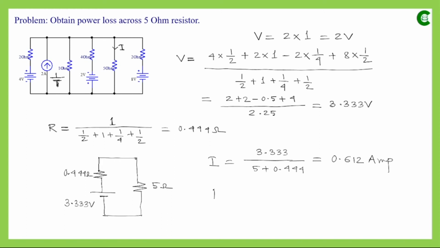And now if we find out the power loss across that load resistor, it will be simply I squared R. So it will be 0.612 squared multiplied by the resistance value, so it will be 1.873 watt. So this is the way we can apply Millman's theorem to simplify a DC network.